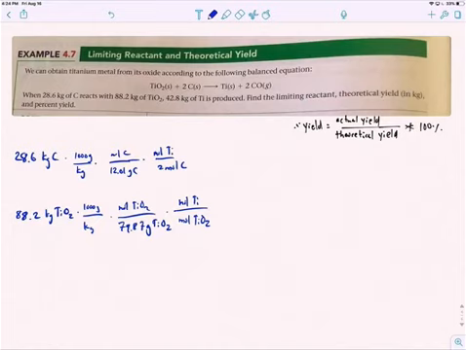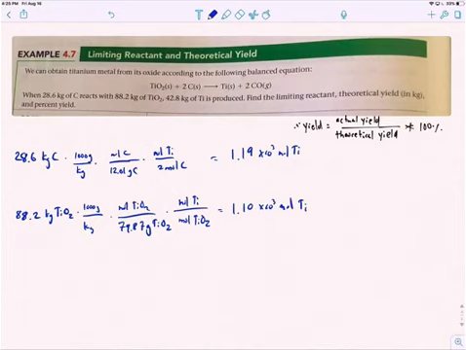And in doing so, we find out that this is equal to 1.19 times 10 to the third moles titanium, and this is equal to 1.10 times 10 to the third moles titanium.